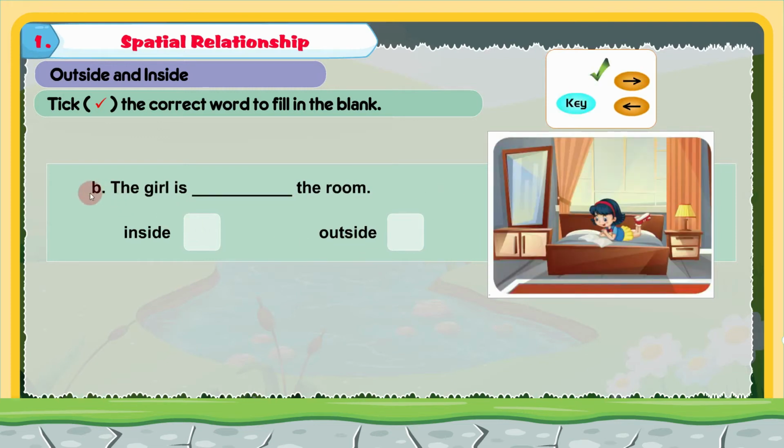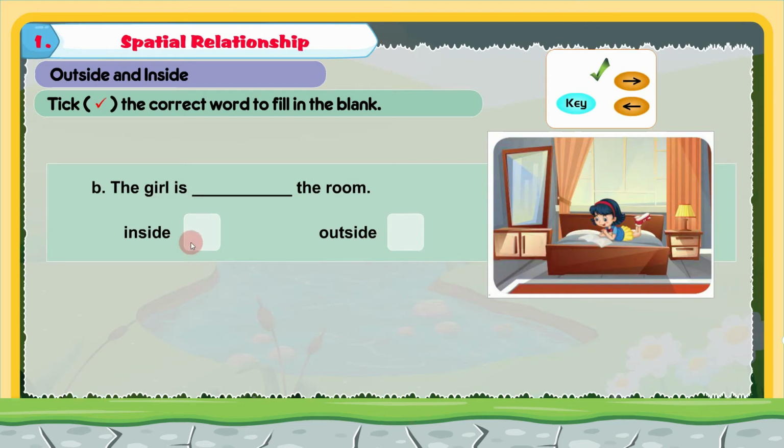And next, B. The girl is dash the room. In this picture you can see there is a girl and this is a room and she is reading a book on the bed. So where is she, inside or outside? Yes, she is inside the room.